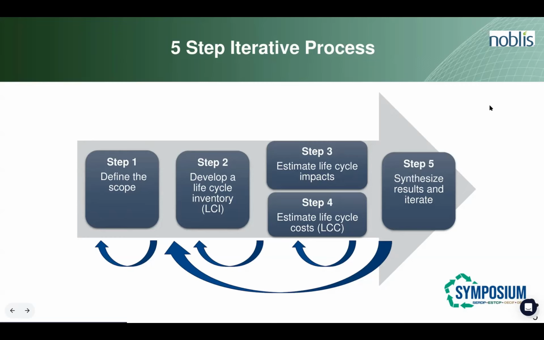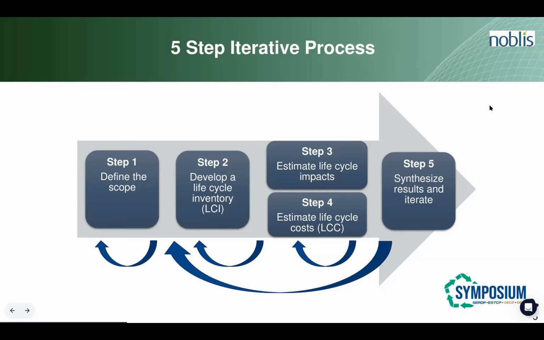And then we jump into the life cycle impacts and the life cycle costs, and we have them concurrently, even though we call them steps 3 and 4. We really need that life cycle inventory to then understand the total costs and also the environmental impacts. We then synthesize these results and iterate.